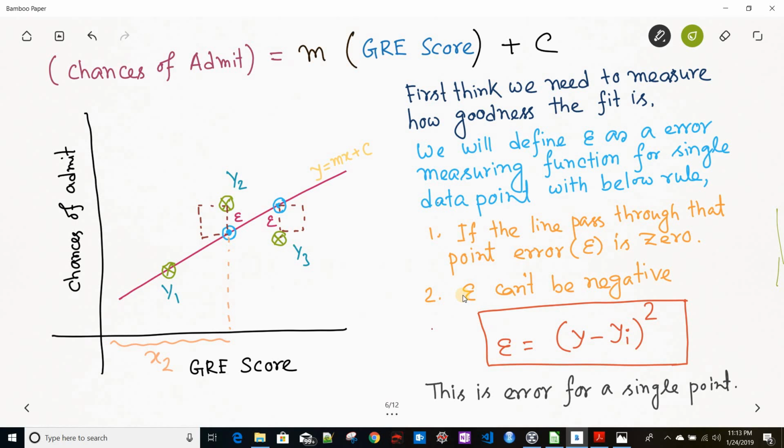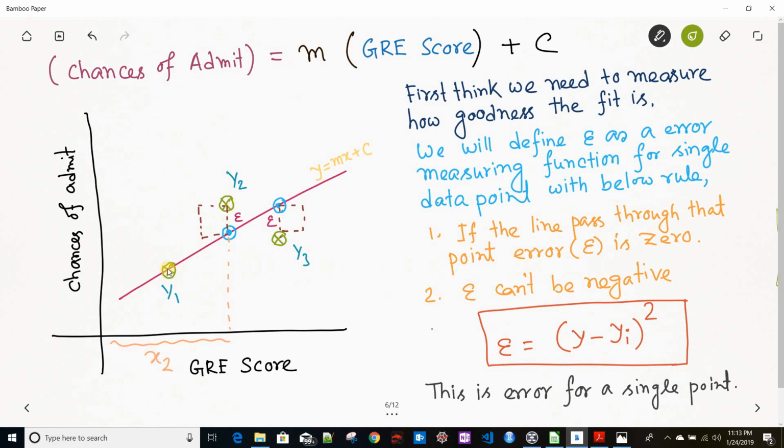Okay, so let us define our error function first. Okay, this is the epsilon. I just give it a name. Okay, so if I define epsilon with this below criteria, something like this, if the line passes through the data point, my error is 0. That means if you see in the left hand side diagram, I have just taken 3 points over here.